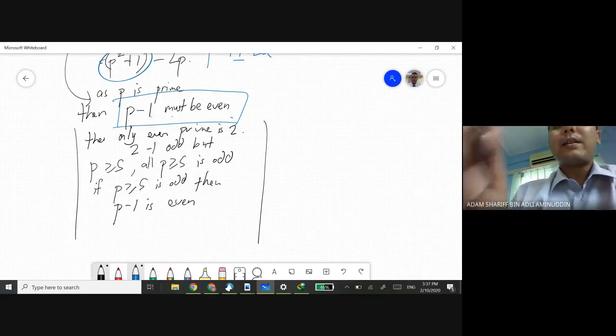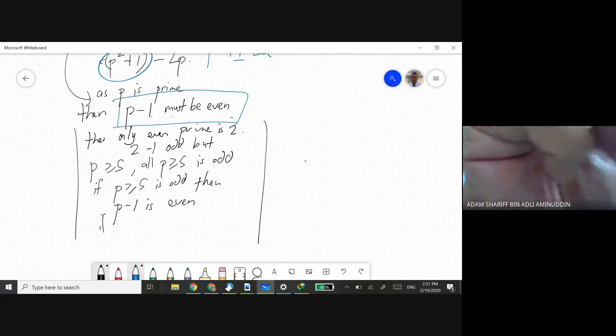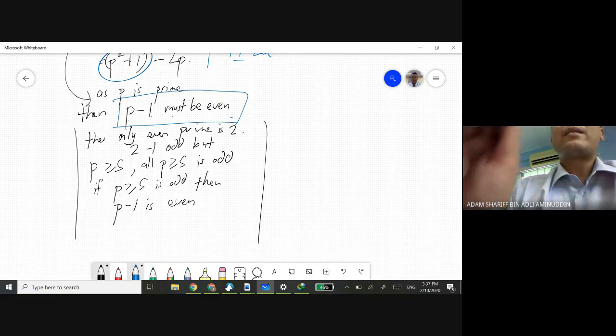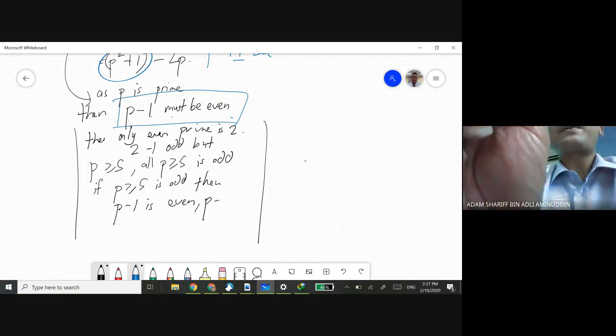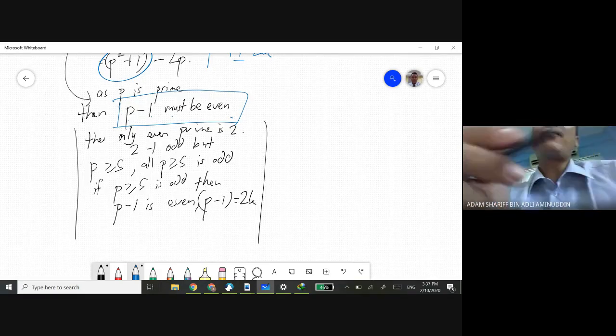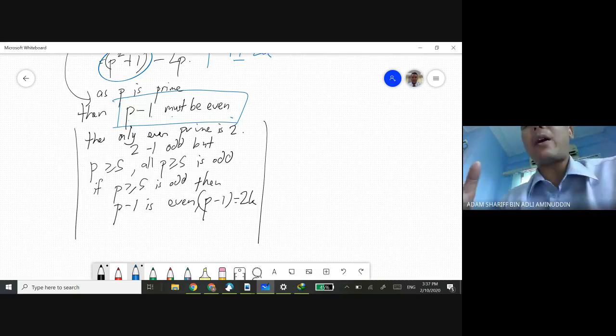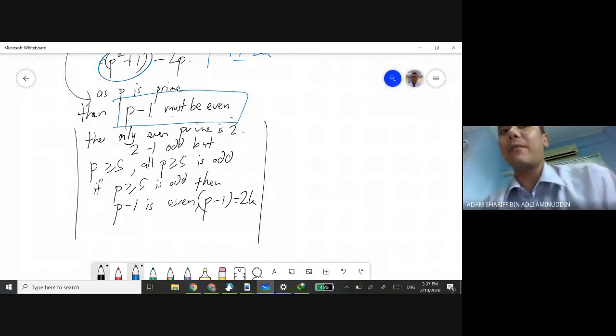Okay? If p minus 1 is even, alah panjang sangat pula. Okay. P minus 1 is even, therefore p minus 1 is 2k. This one confirm, because if p larger than 5, prime larger than 5, all of them are odd, then p minus 1 must be even.